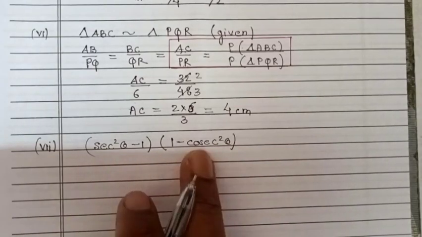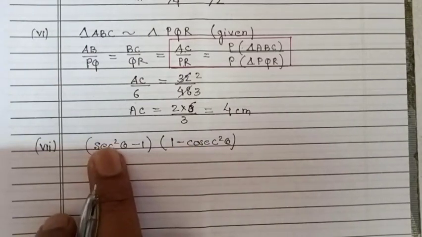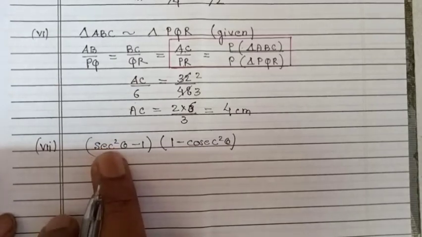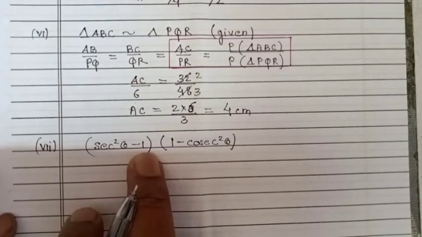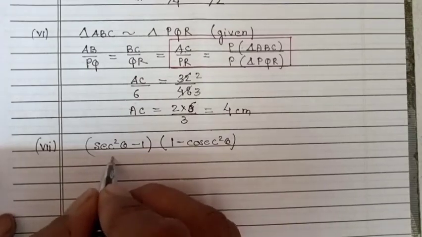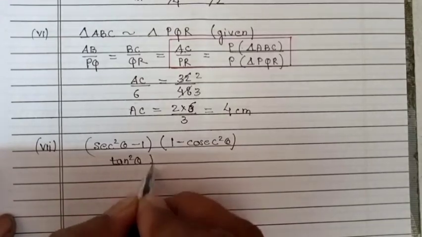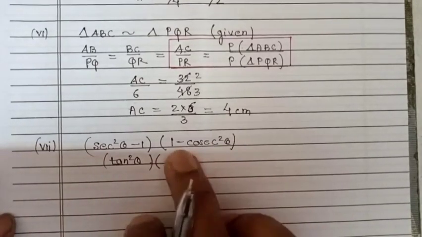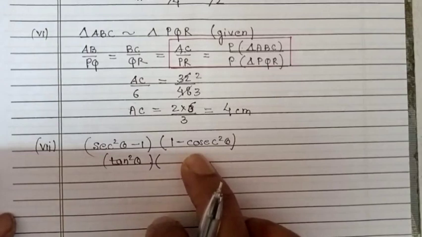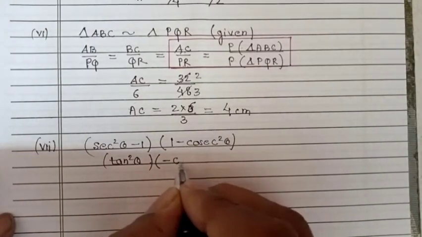Now in these two you can apply the identity. Sec square theta minus 1 can be replaced by tan square theta. So we will replace this by tan square theta. 1 minus cosec square will be replaced by minus cot square.